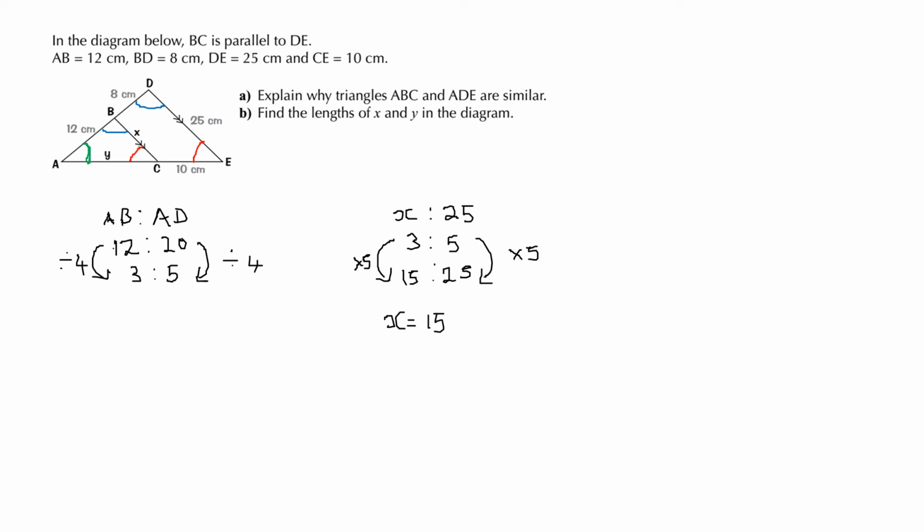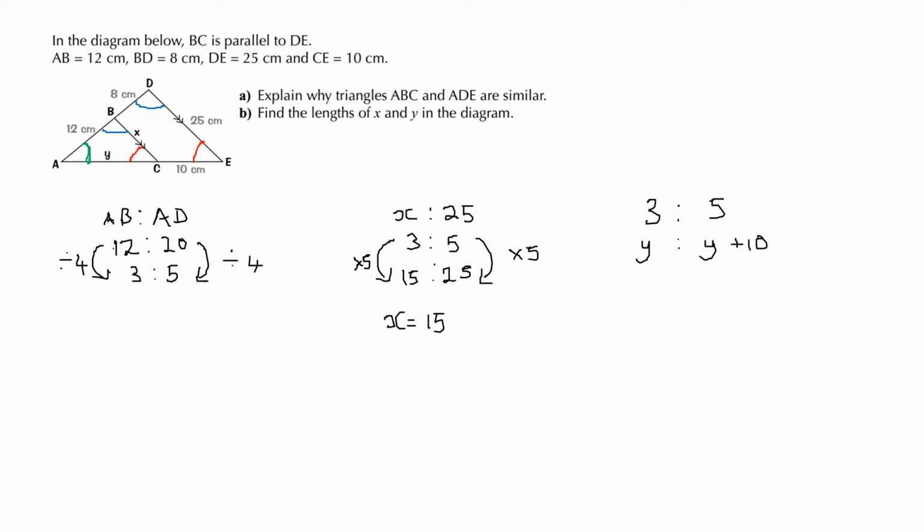Okay, so length y is slightly trickier. We know that the ratio of our side lengths is 3 to 5, and we know that y will represent 3 parts of the ratio, and the whole length AE will represent 5 parts of the ratio, and that will be y plus 10.